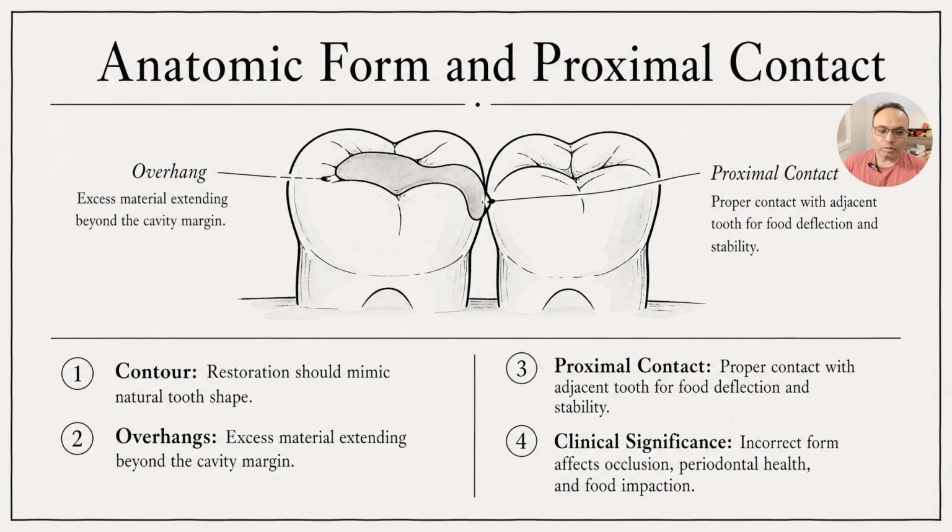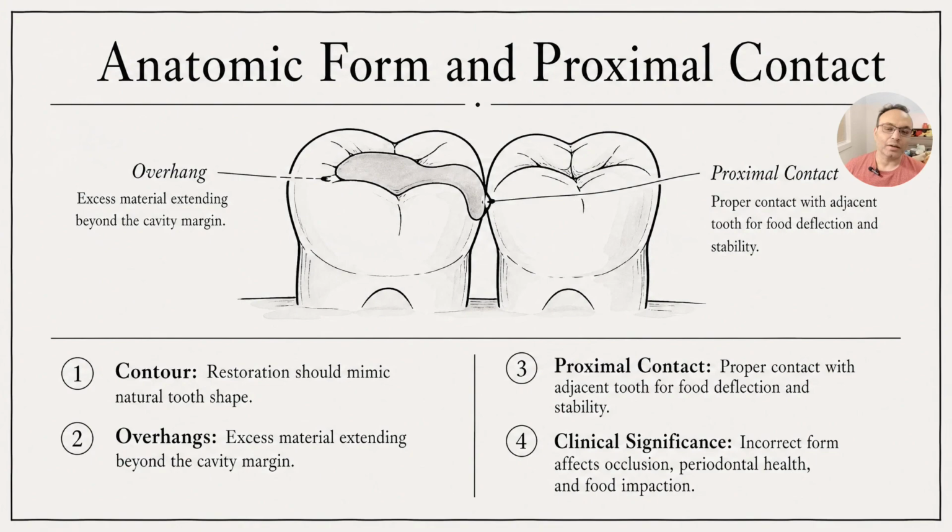It also affects occlusion, because when the tooth integrity is affected, you will find that food is impacted. There could be the possibility of bone loss, and occlusion will be affected as well.